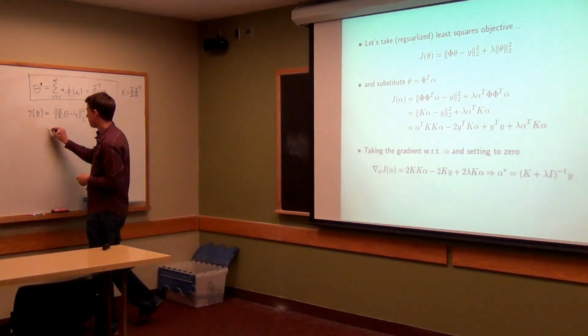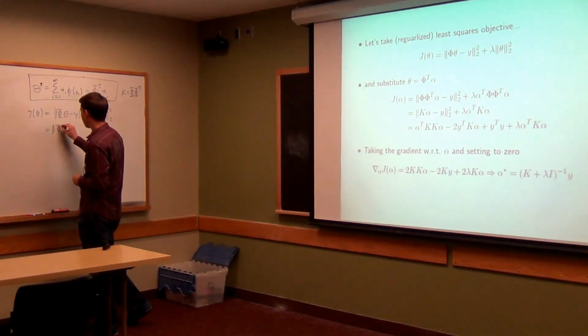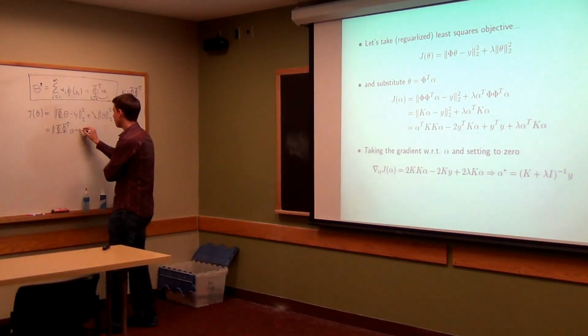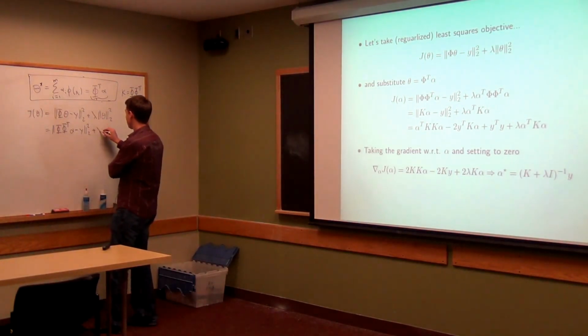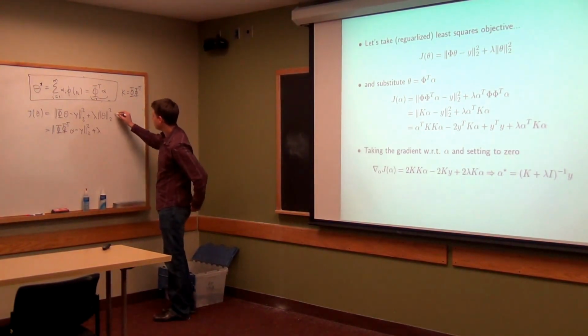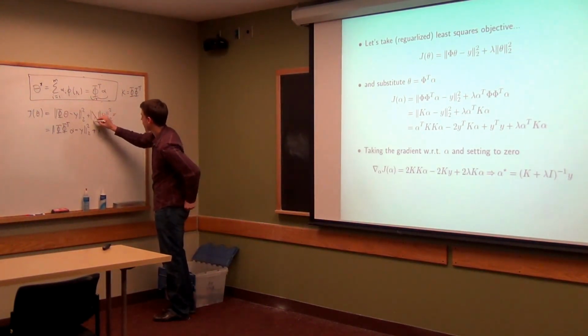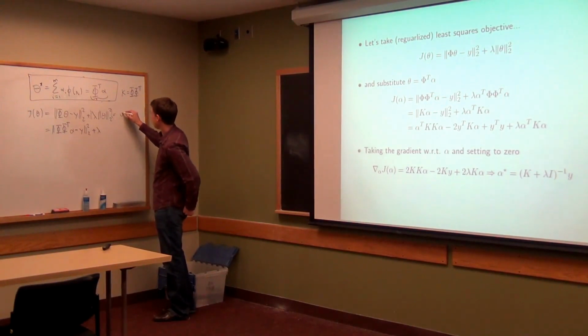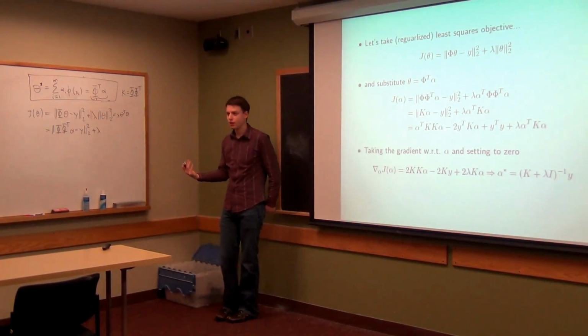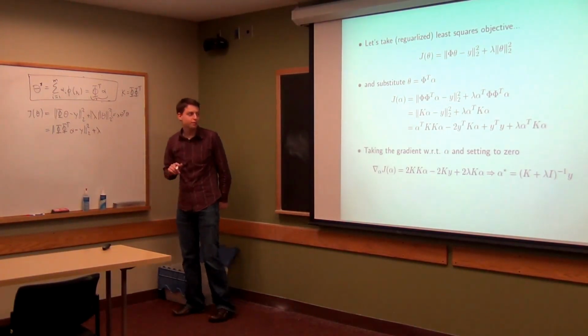This equals the norm of phi theta transpose alpha minus y, squared, plus lambda. Remember, the squared norm here, just this part, equals lambda theta transpose theta. I'll write it out explicitly like that, rather than in the norm format.